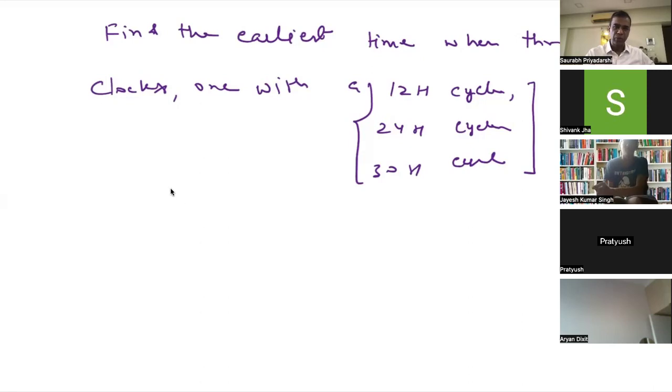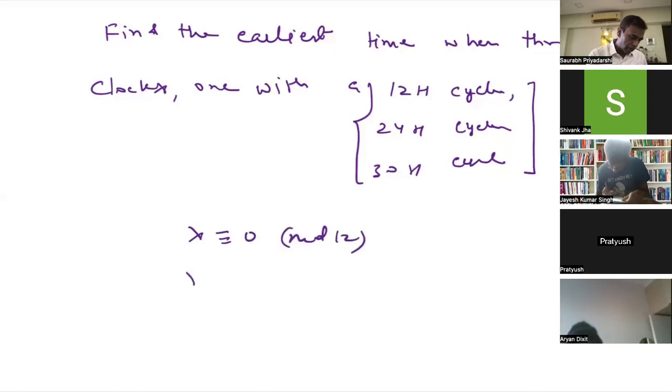So the basic question: can you apply the CRT or not? Very good. So the equations are x congruent to 0 mod 12, x congruent to 0 mod 24, and x congruent to 0 mod 30.